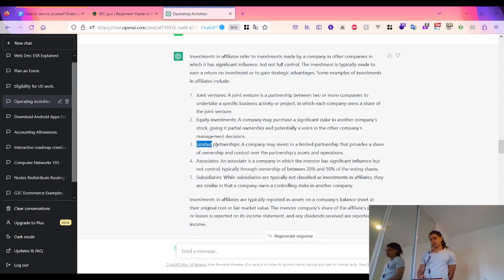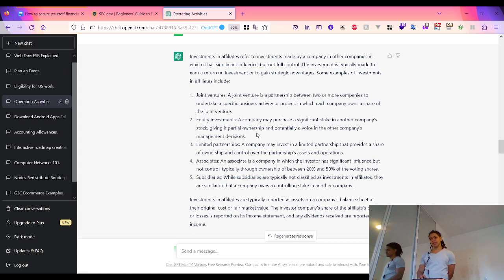Then I look at limited partnership, which is another example. A company may invest in a limited partnership that provides a share of ownership and control over the partnership's assets and operations.